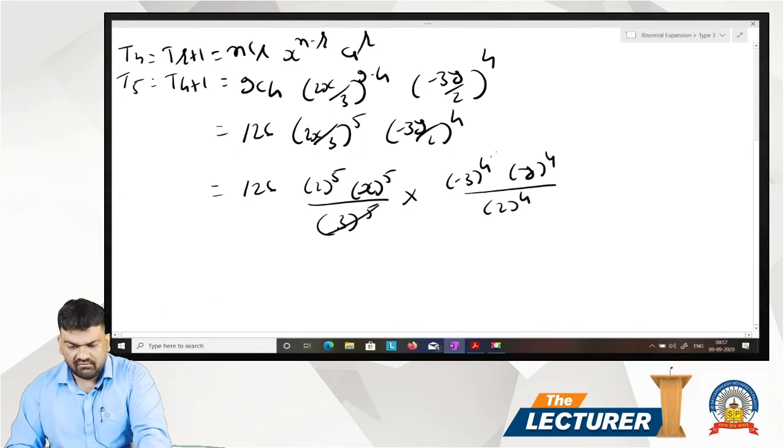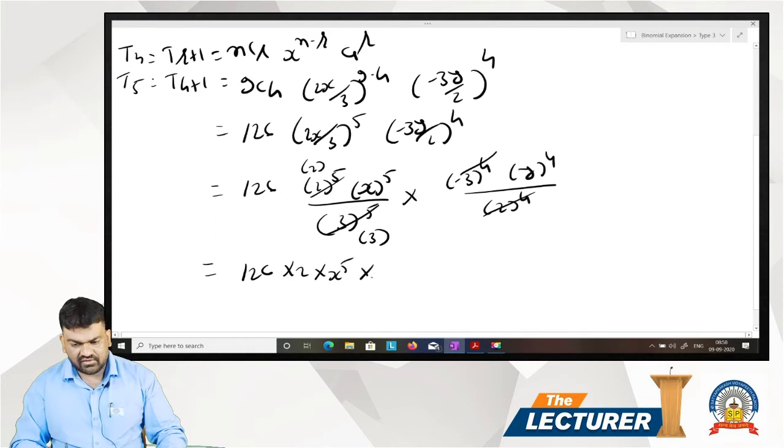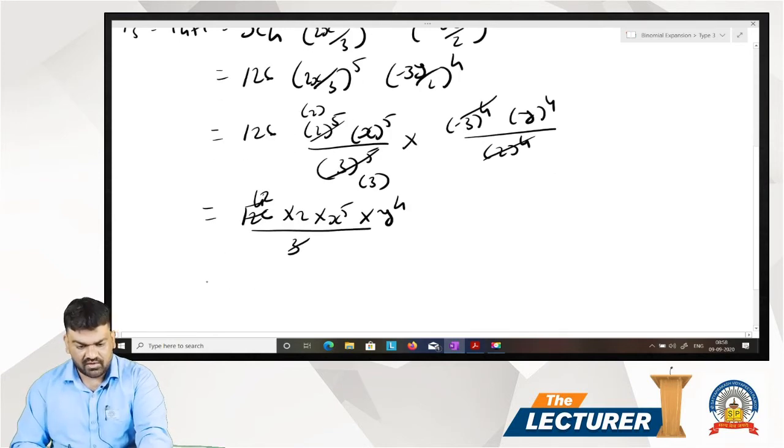Here 3 raised to 5, here minus 3 plus ઘાત છે એટલે minus minus plus થઈ જશે એટલે બાકી રહેશે 3. સેમ 2 અહીંયા બાકી રહેશે 2. એટલે 126 multiplied by 2 multiplied by x raised to 5 multiplied by y raised to 4 divided by 3. 126 by 3, that is 42 multiplied by 2, that is 84. 84 x raised to 5 y raised to 4.